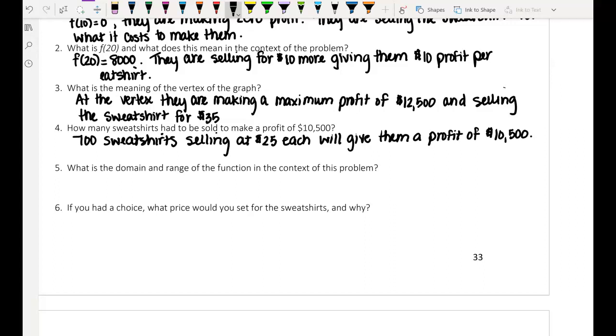And then by symmetry, a selling price of $45 will also yield a profit of $10,500.